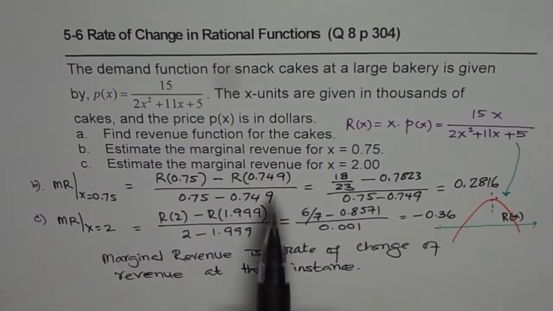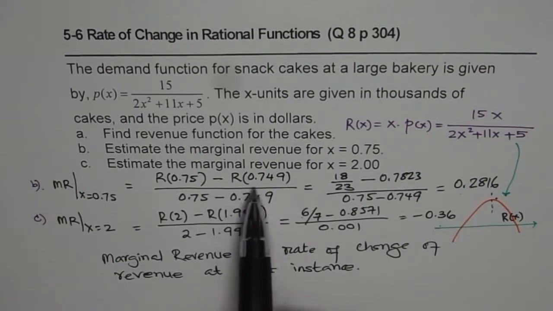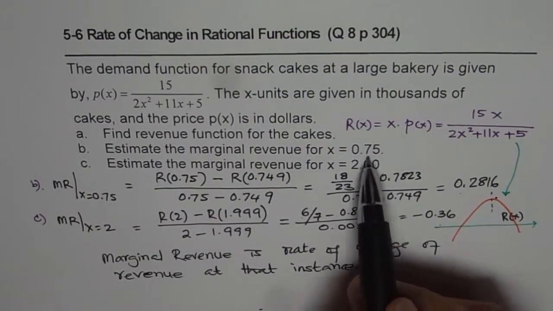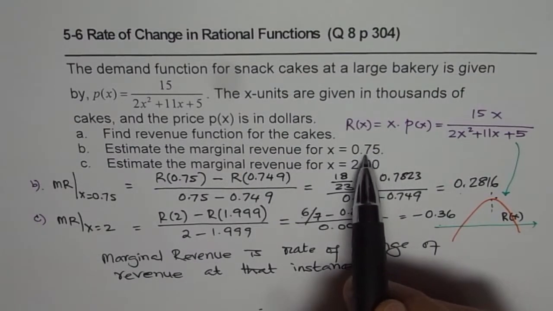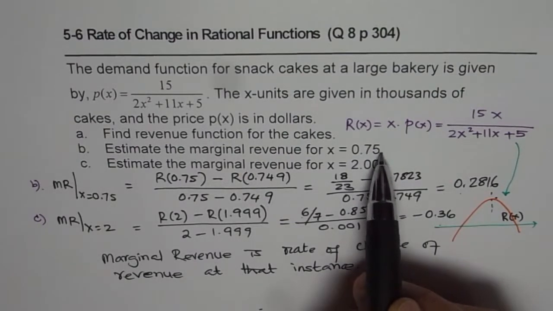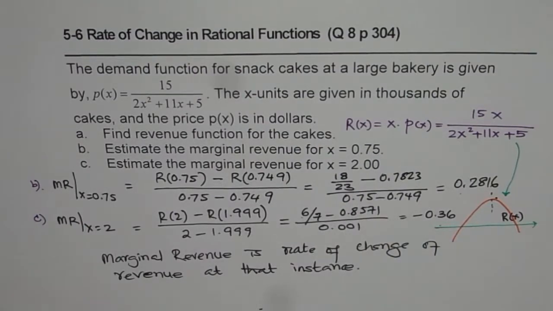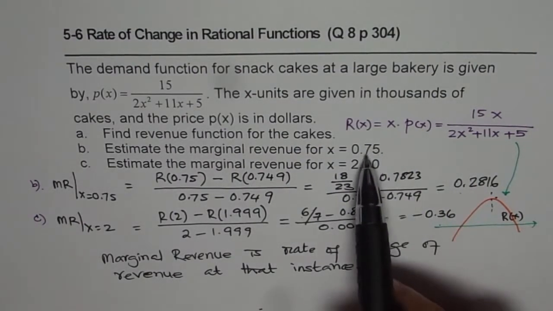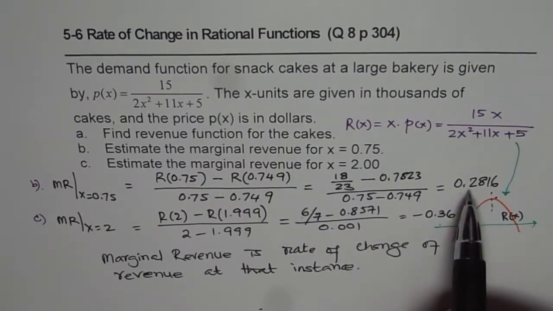Okay, so therefore we took one less than the 0.75 in x values. That means the 750th item was sold. At that time, what was the change in revenue, right? So at that time, the revenue was kind of increasing by 28 cents.